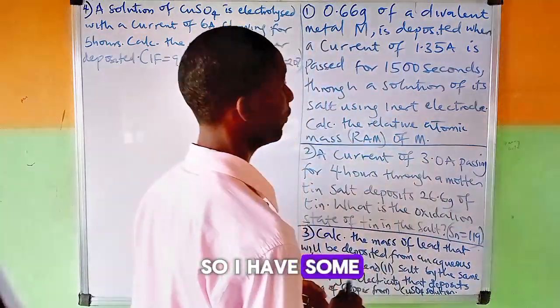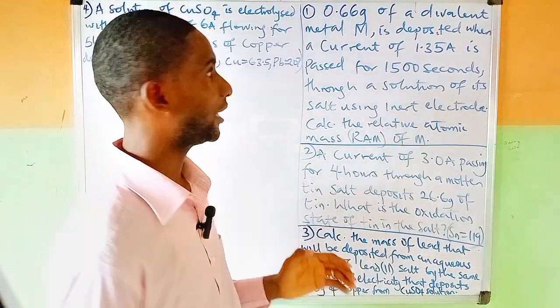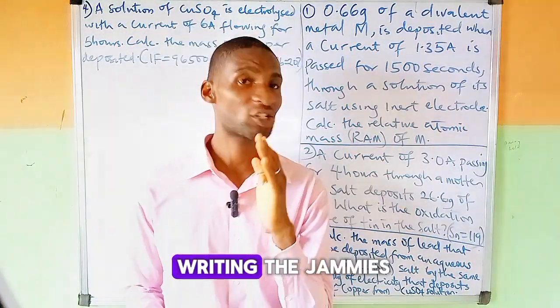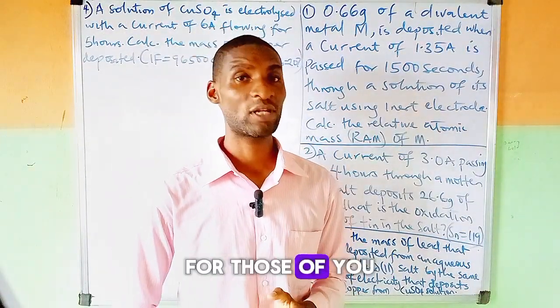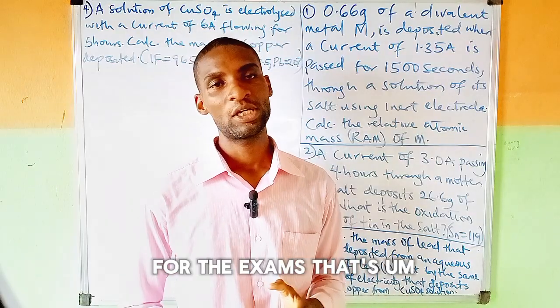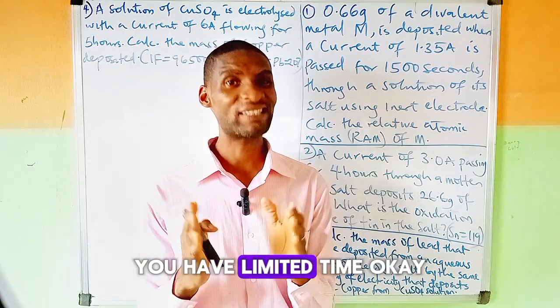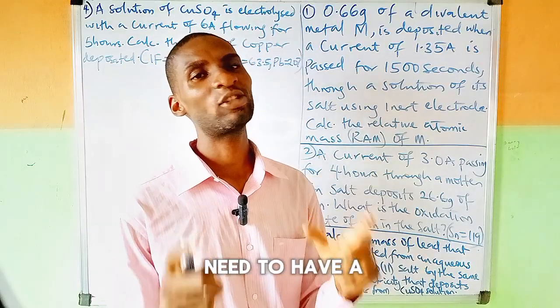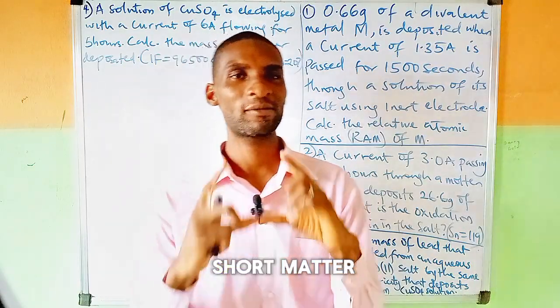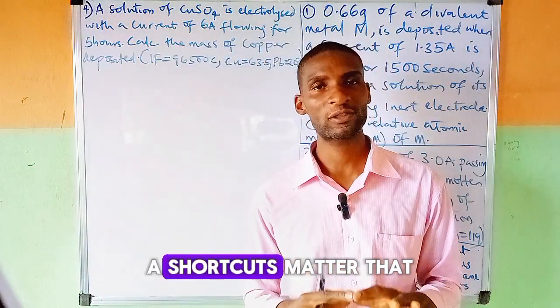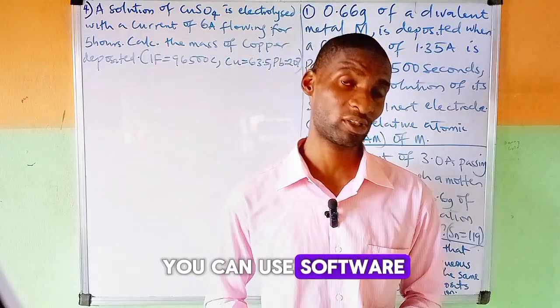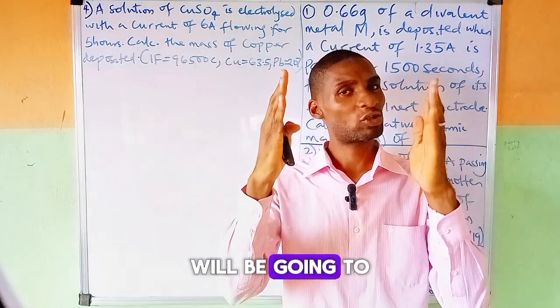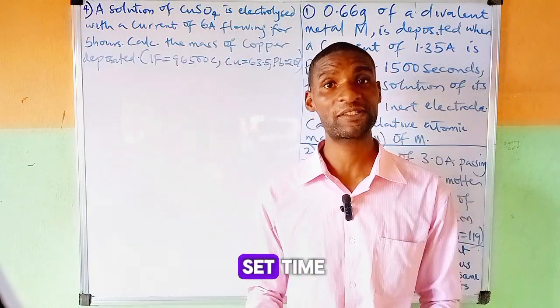So I have some questions on the board. Now, for those of you that will be writing the JAM exam, or other exams where you have limited time, like a computer-based test, you need to have a shortcut method that you can use to solve questions. If you go through the longer process, it will cost you time.